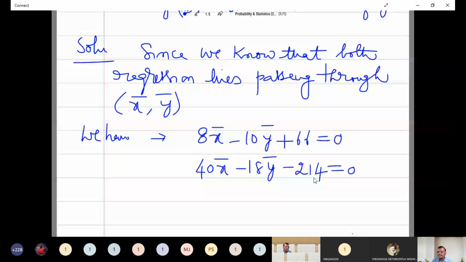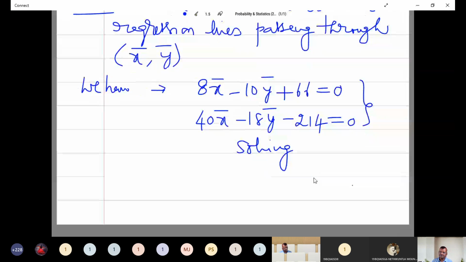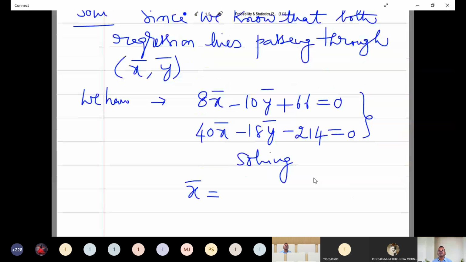By using a calculator, we can find out the x bar and y bar. Not necessary to do the step-by-step method in statistics. We have to use the calculator and solve the two equations by using the calculator. That is very easy. What is the value of x bar and y bar?